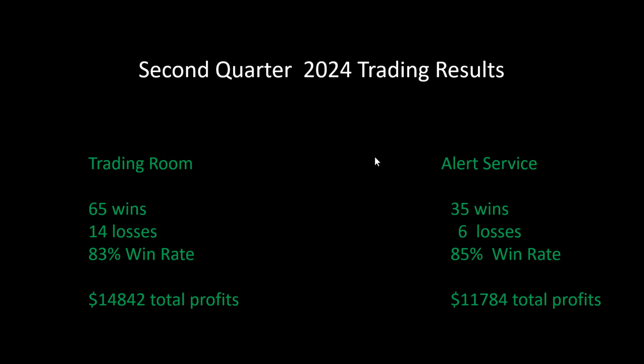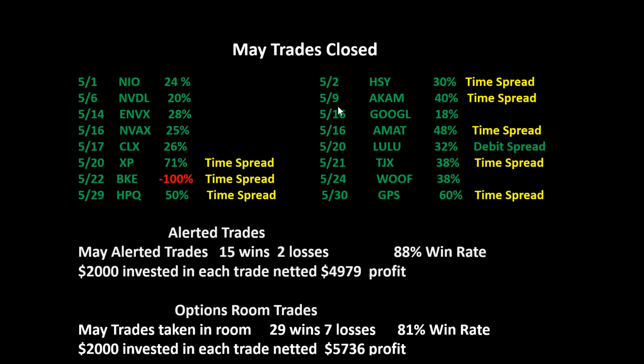All right, so here's the May trades. Same thing, I don't have to keep going over this, but you can see the percentages run from 20s up to 70s. We have losses each month, 15 and 2 here, 88% win rate, $5,000 profit basically. That was the alert service.